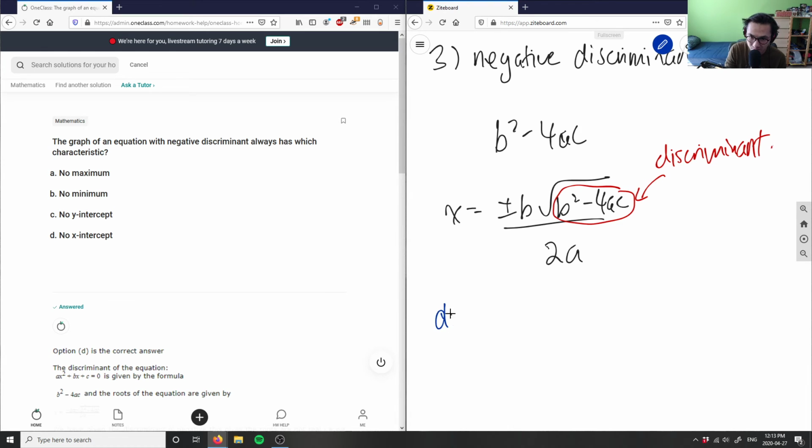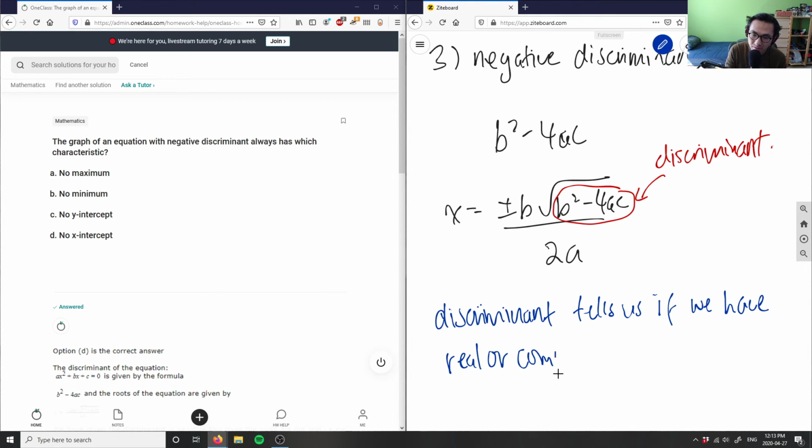So let me write that out. Discriminant tells us if we have real or complex roots. So in this case, if we have a negative discriminant, we're trying to square root a negative number.